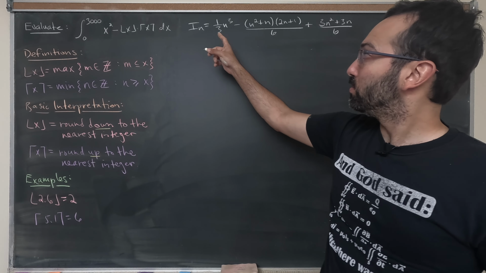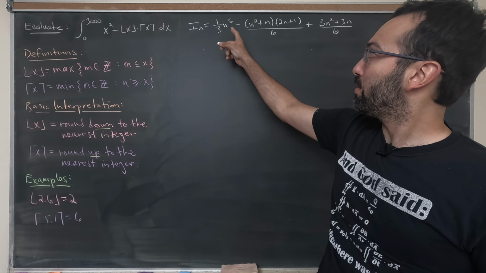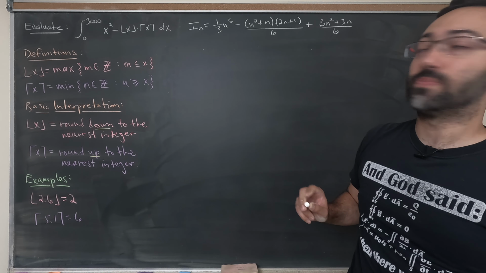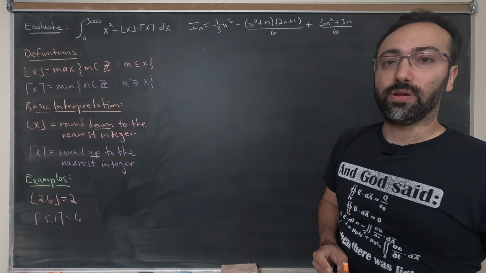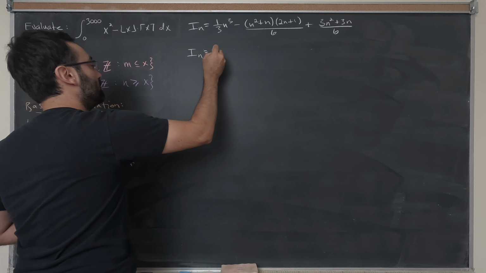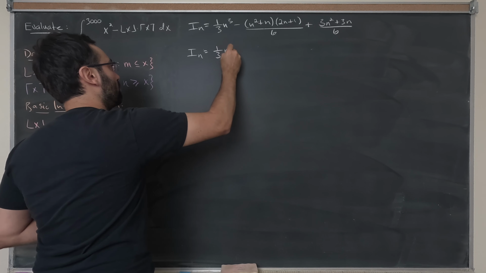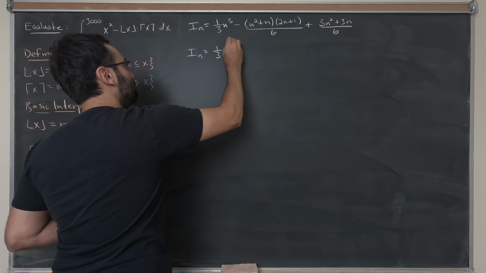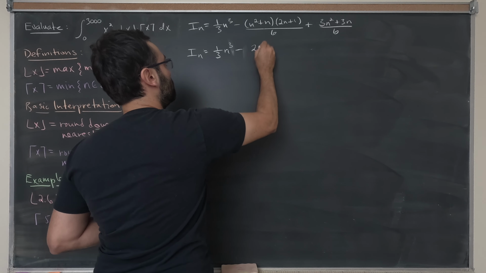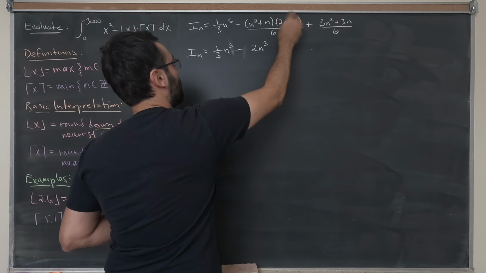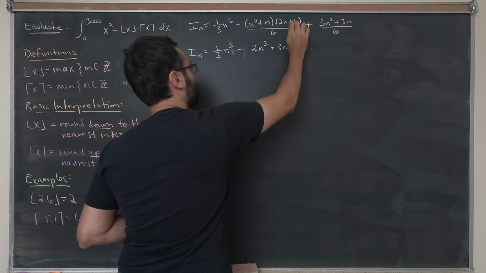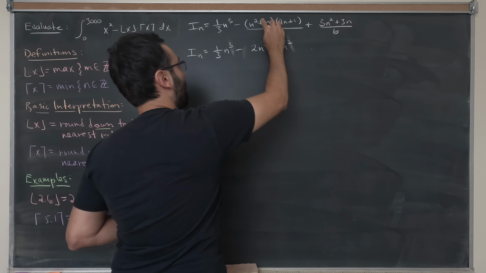Okay, so here we are now. We left off with I sub n equals 1/3 n cubed minus this fraction plus this one. Let's expand the numerator here. So that gives us I sub n equals 1/3 n cubed minus 2n cubed plus n squared plus 2n squared, so that's plus 3n squared plus n.